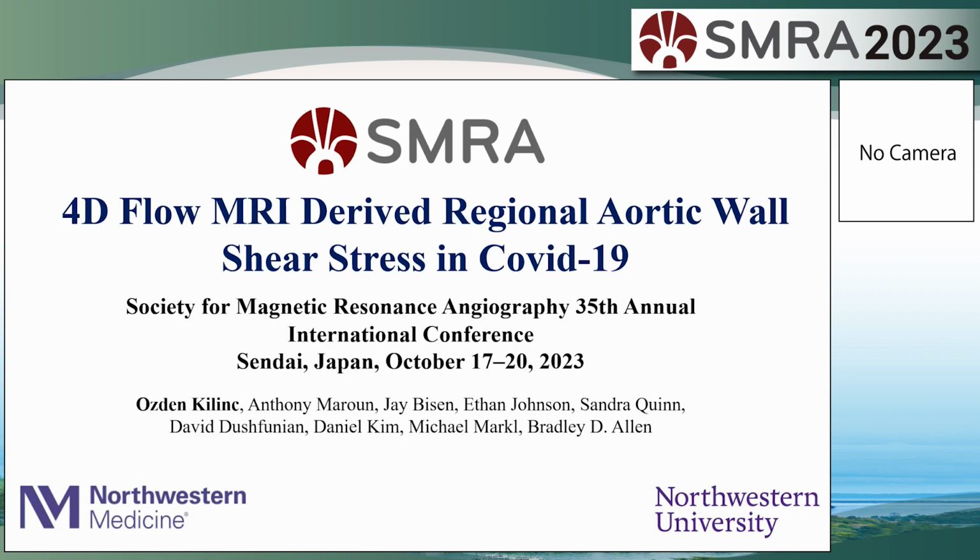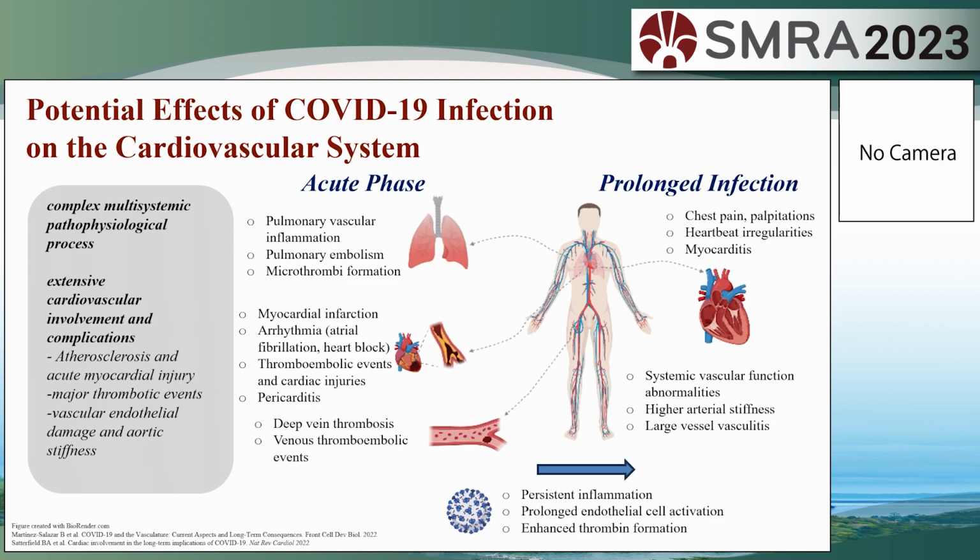Thank you. Hi, everybody. I'm going to talk about our study on 4D flow MRI derived regional aortic wall shear stress in COVID-19. If we start with the potential effects of COVID-19 infection on the cardiovascular system, we know that it's a complex multisystemic process, and extensive cardiovascular involvement may occur with complications in the acute phase and also in prolonged infection.